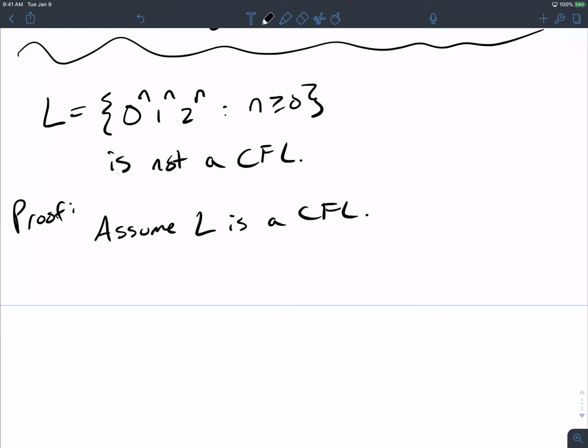And thankfully, proofs like these will have the same structure as the regular ones, so we have some intuition of how to approach these, so it's not as big of a leap as before. Okay, great. So assume that it is a CFL. Then what do we do then? Yeah, there exists a P for L.